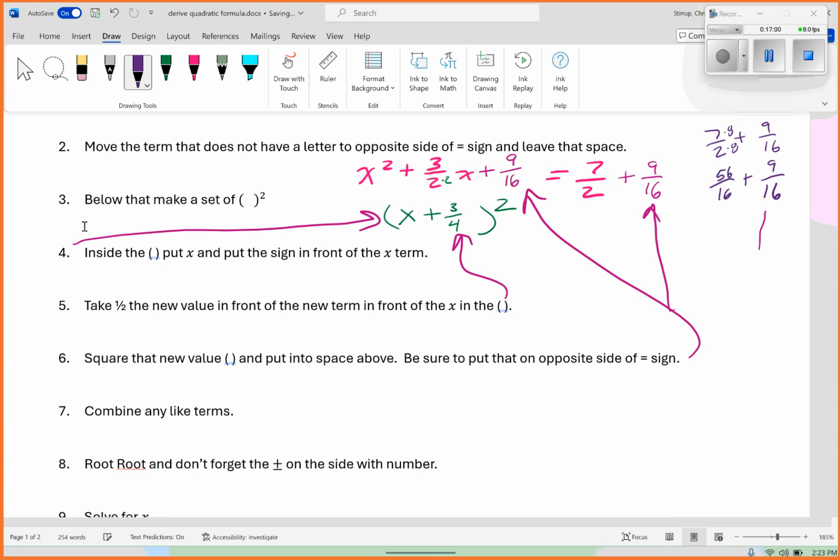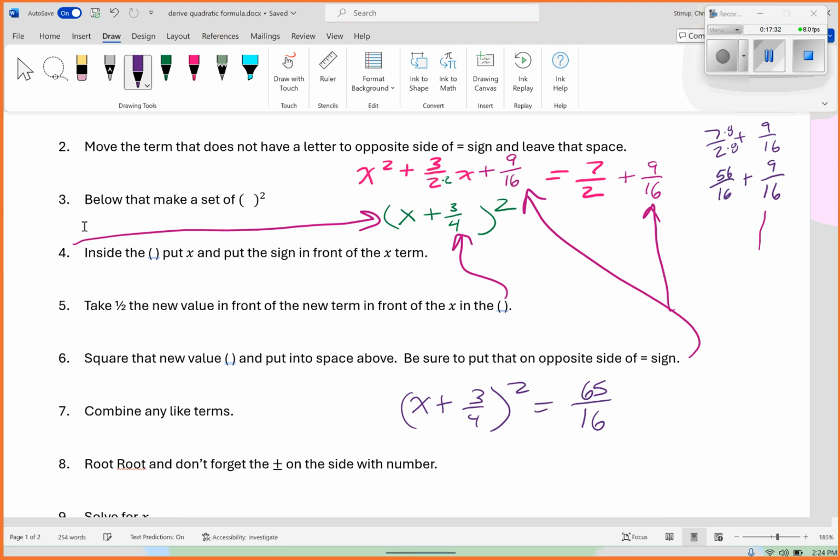I know we struggle with fractions, so just try and press through a little bit. I'm going to add 56 and 9 because I have a common denominator. 56 and 9 add together. So I'm going to get down to here. 56 plus 9, 65 over 16.